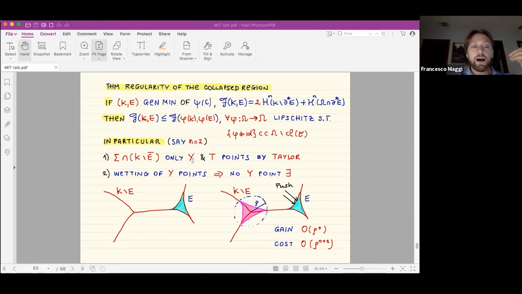Once we have excluded Y points, we can also exclude T points. And so we deduce that the singular set has dimension n minus 3. Therefore, we can apply the Schoen-Simon regularity theory and check that the singular set has codimension 8. So in particular, the only singularities for the collapse region will be observable in ambient dimension 8.